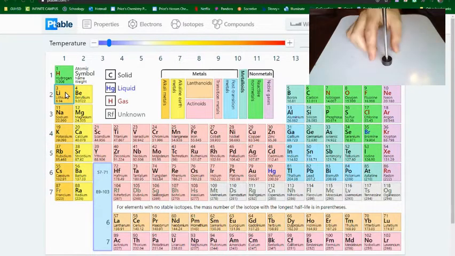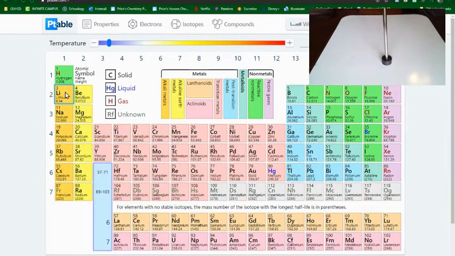So imagine that this magnet represents the nucleus, and the nucleus would be the whiteboard underneath it. This represents the first energy level and the electrons in it.